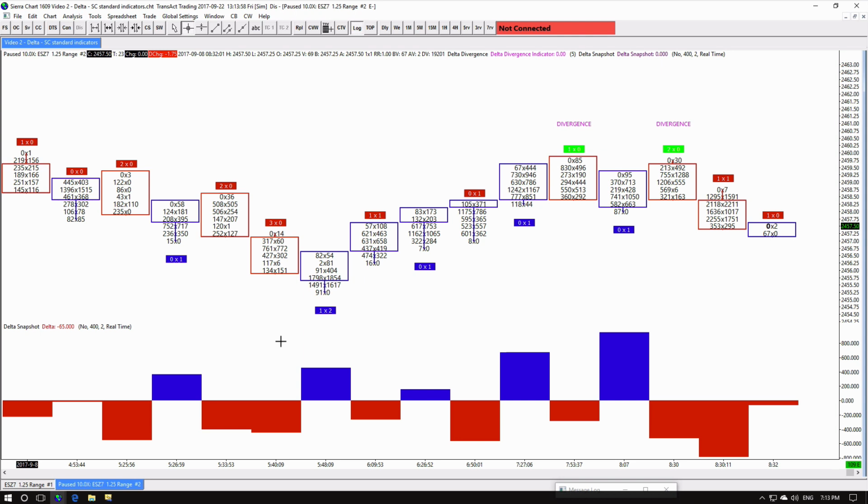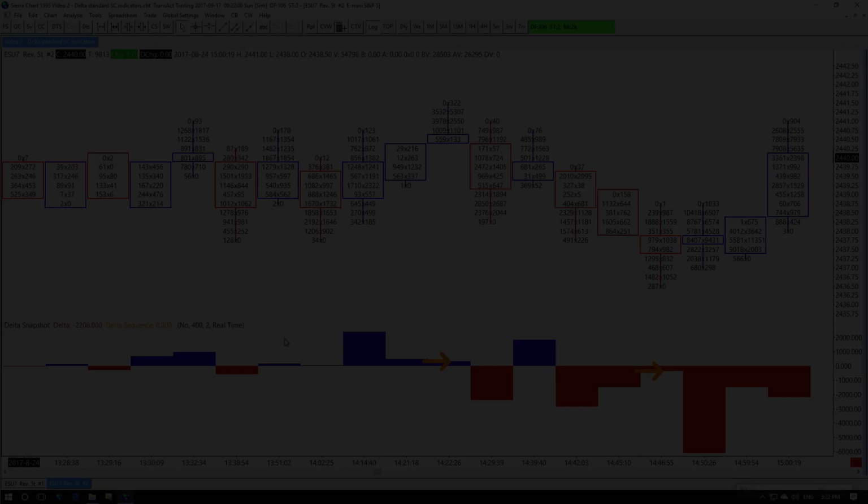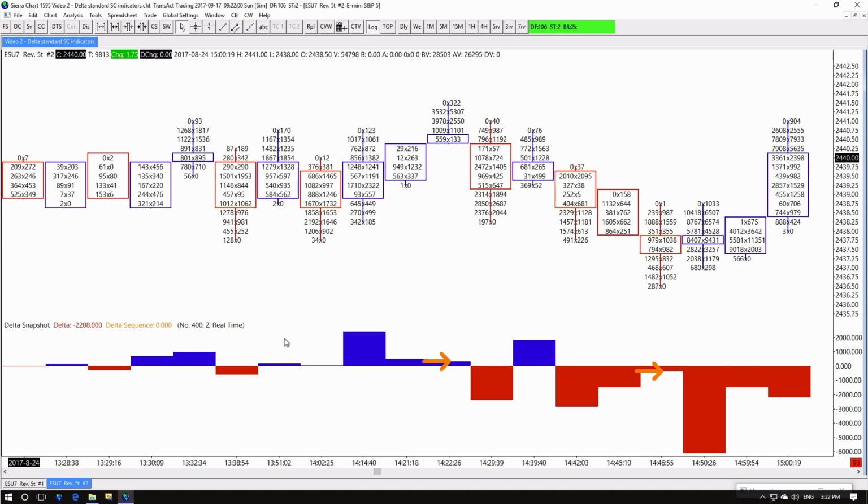In other words, at a new high, we experienced more selling, in other words supply, than buying. Likewise, at a new low, we experienced more demand than supply. Delta sequence, similarly, will highlight when delta is falling. In other words, demand is decreasing and supply is increasing, or the other way round, when delta is rising. Demand is increasing and supply is falling.